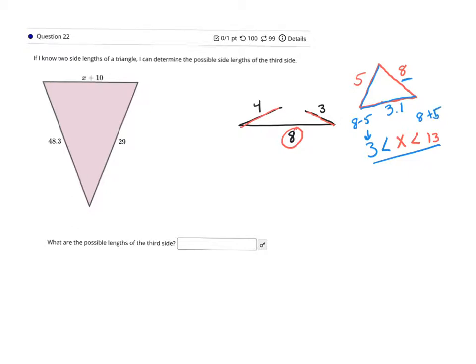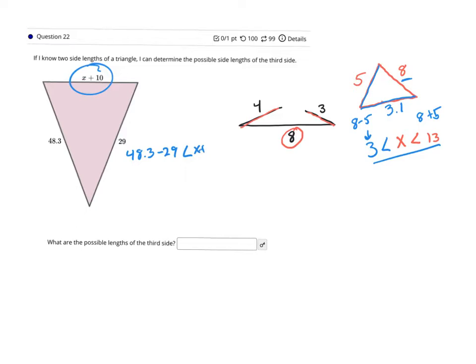So, in order to solve this problem, you just simply subtract the two given sides, and that's going to be the shortest it can be. Then you're going to add the two given sides, and that will be the longest it can be. So in my problem over here, what I'm going to do is take 48.3 and subtract 29. Now, it's not just x up here for the third side.